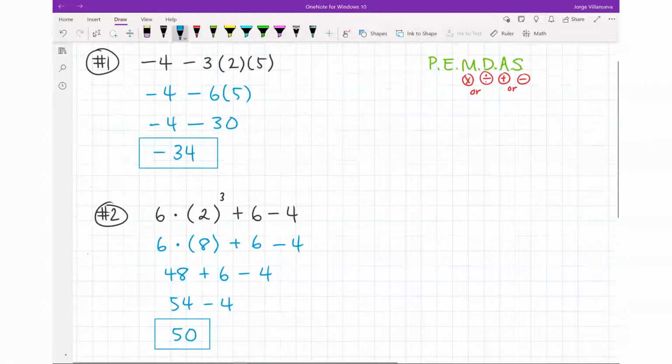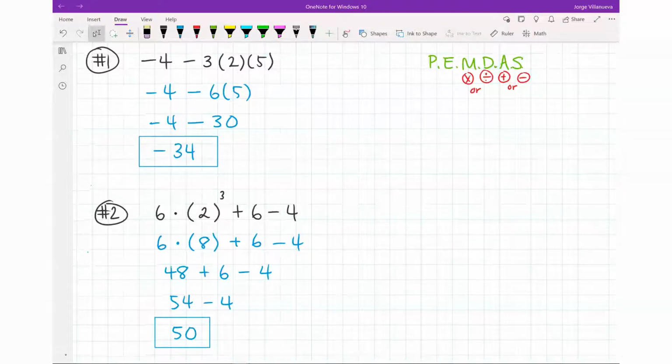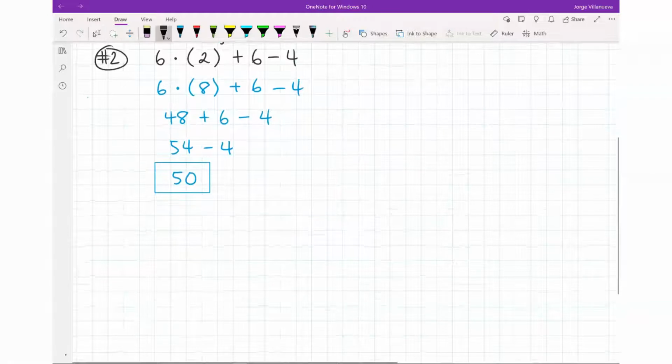Now, before I move on, anybody have any questions on the first two? You guys good? All right. So moving on. This is all stuff you have to know how to do for order of operations. And they are going to give you one question that looks like this.